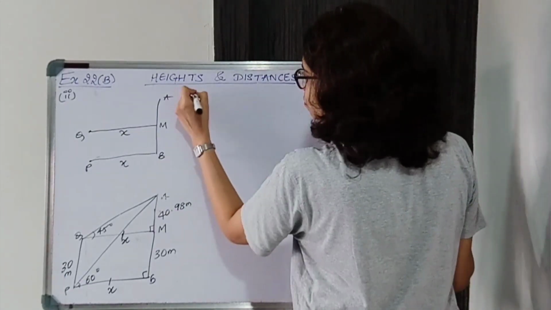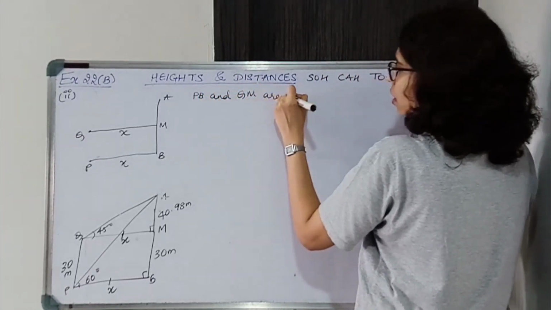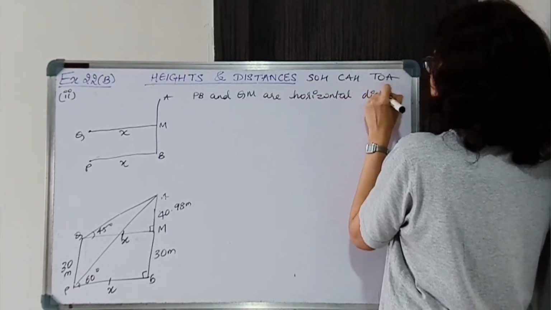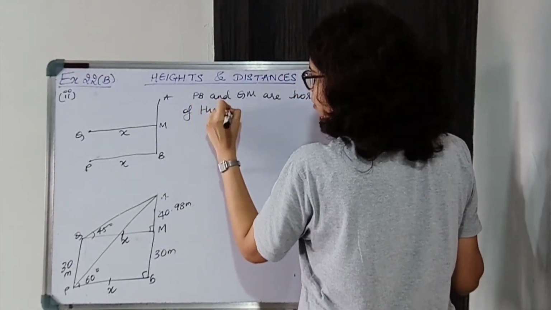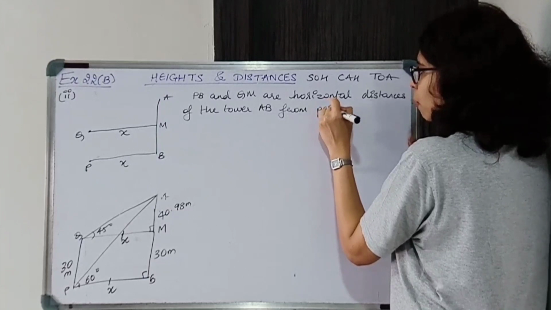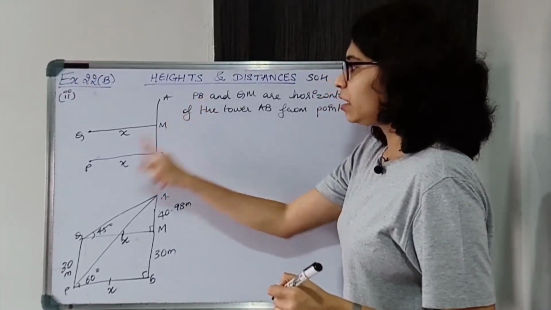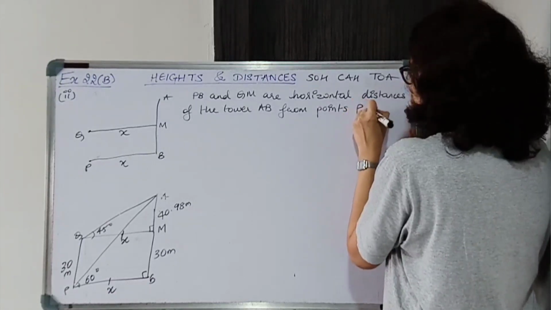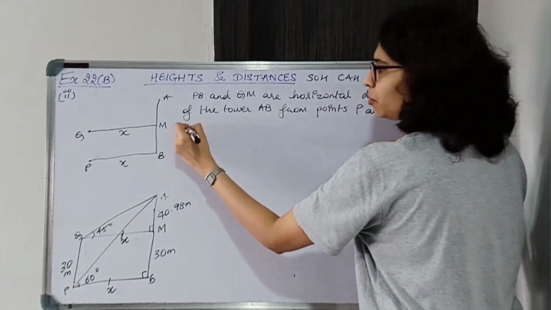So just write down: PB and QM are horizontal distances of the tower AB from points P and Q. PB is the horizontal distance from point P, and QM is the distance from point Q, respectively.